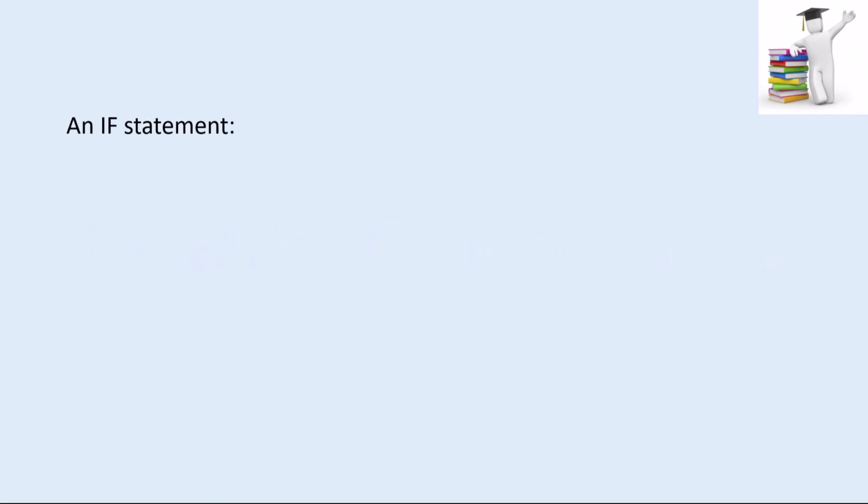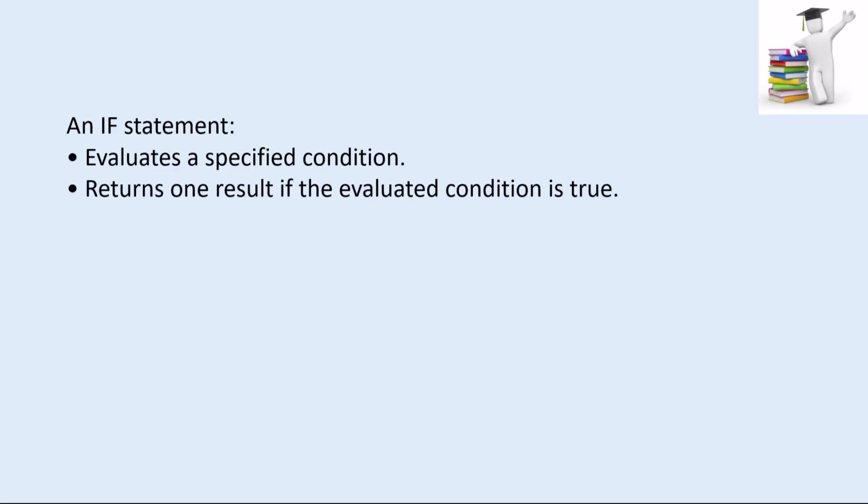An if statement has three elements or parts. Number one is the condition. According to Microsoft, a condition is a logical test or expression that must evaluate to either true or false. Number two is the true result.